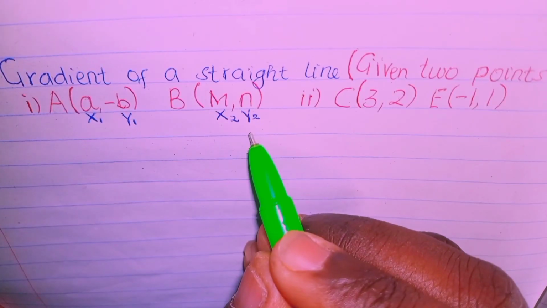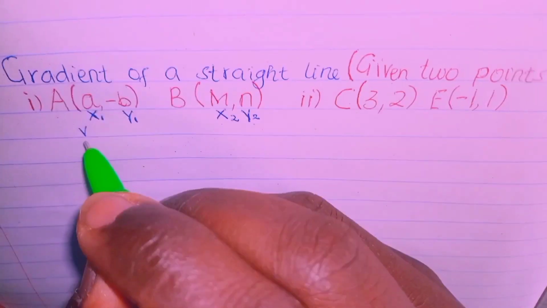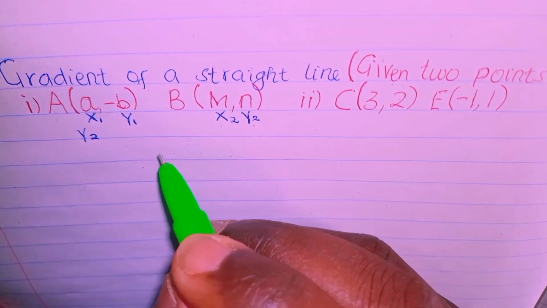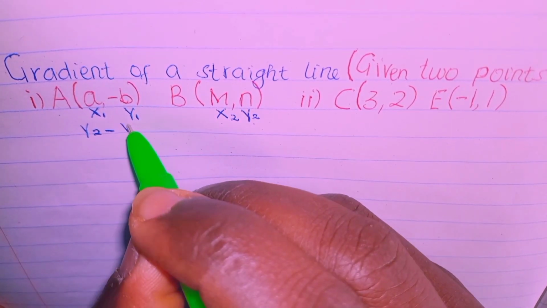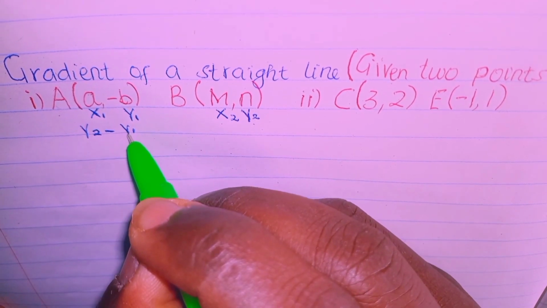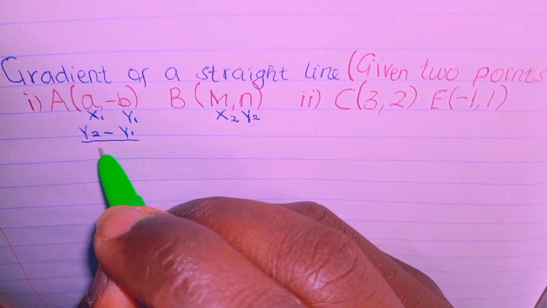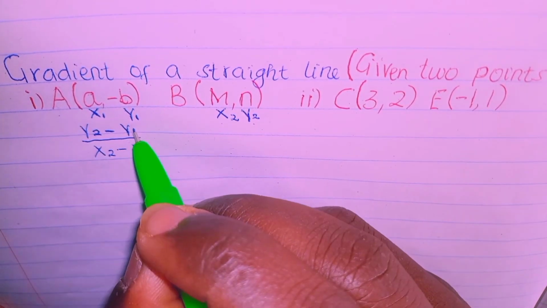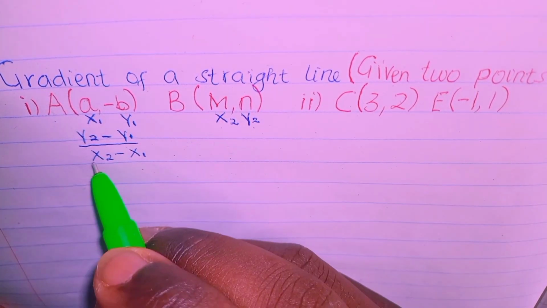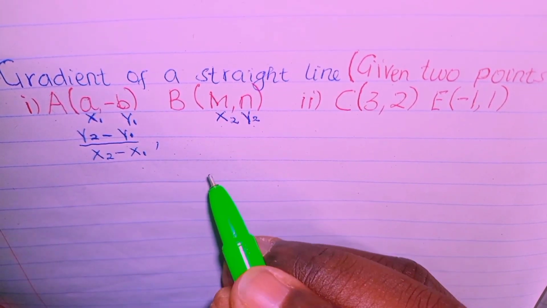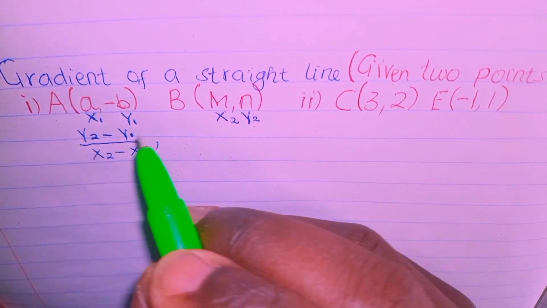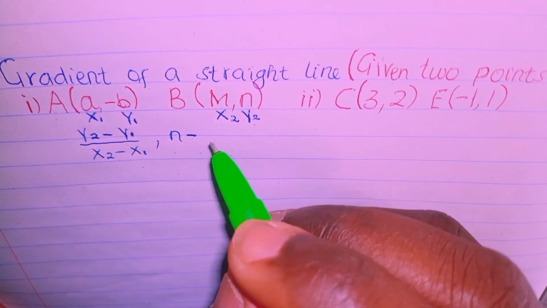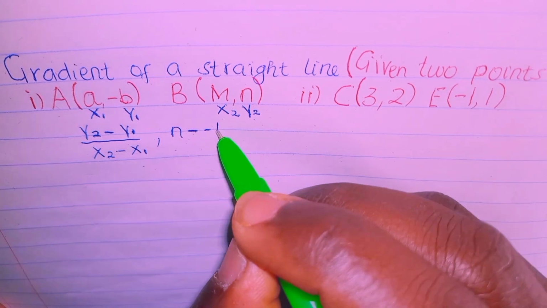To find the change in y coordinate, you apply this formula: y2 minus y1 divided by x2 minus x1. So this is the change in y coordinate divided by the change in x coordinates. Our y2 is n minus negative b.